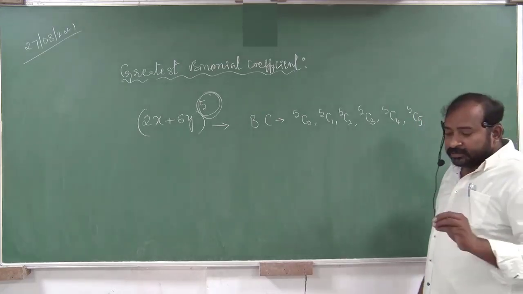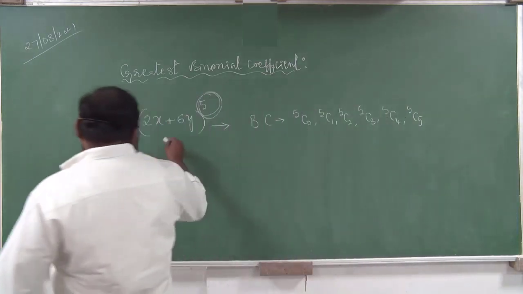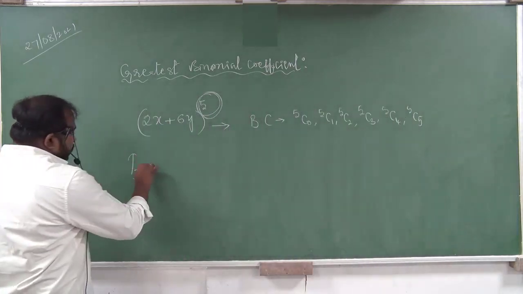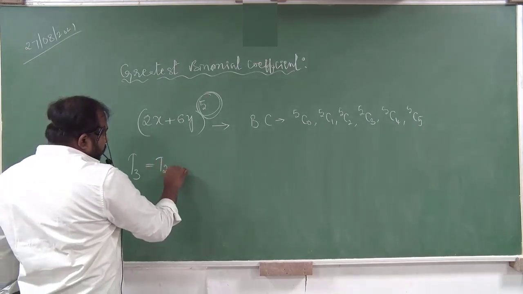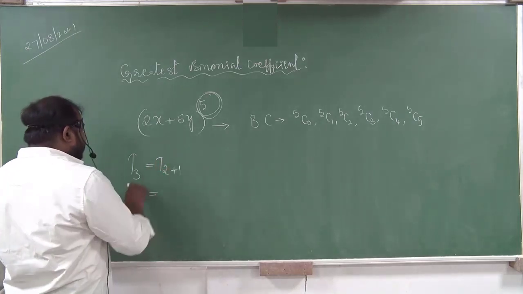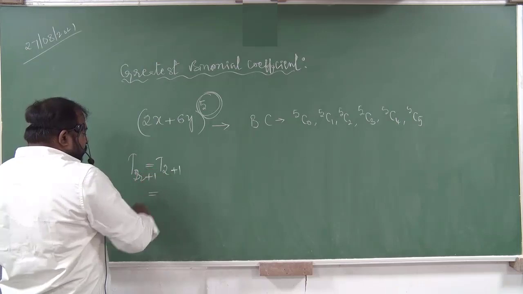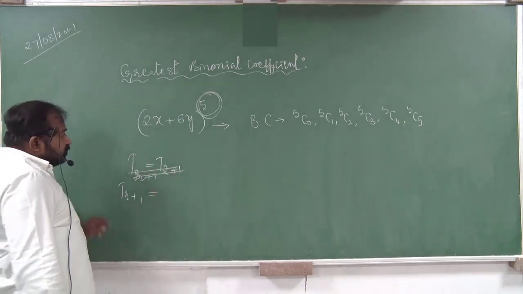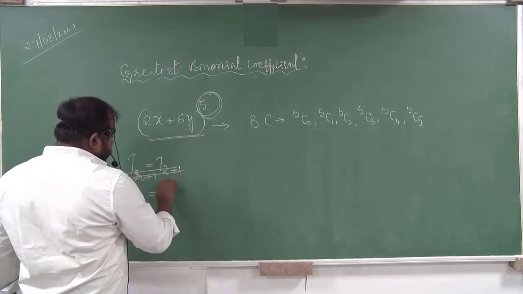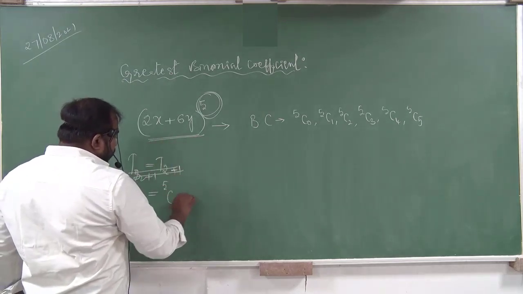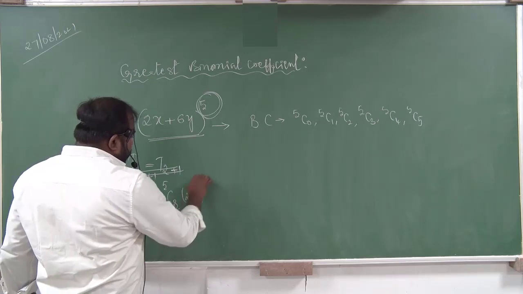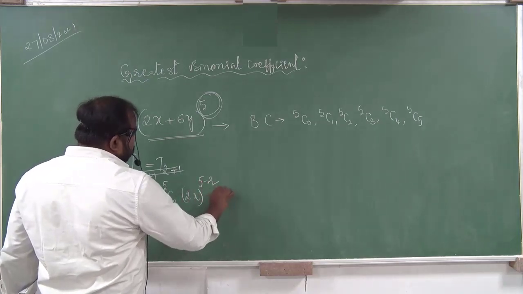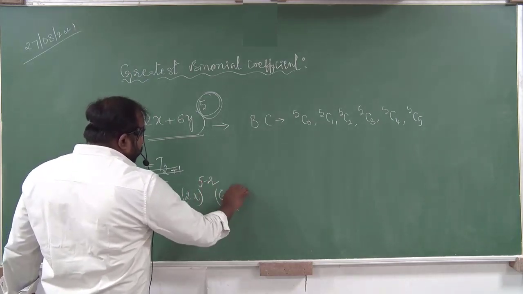Listen here. Take T(r plus 1). What is the general term in this expansion? 5Cr into (2x) whole power 5 minus r, (6y) whole power r.